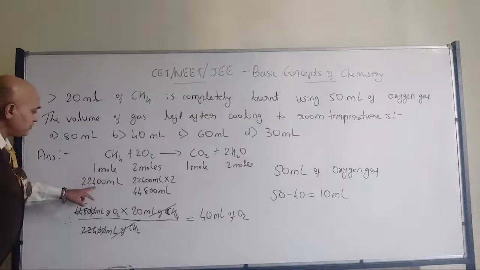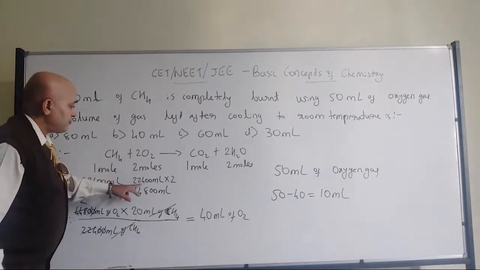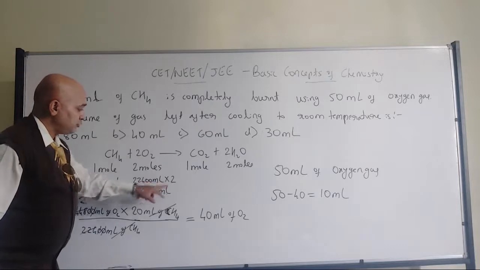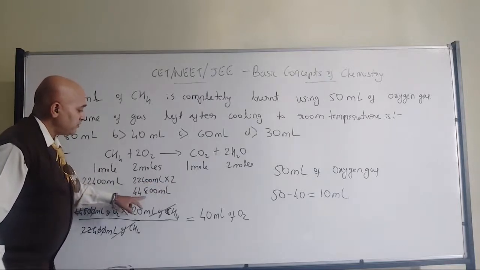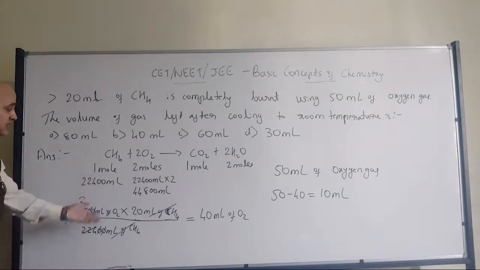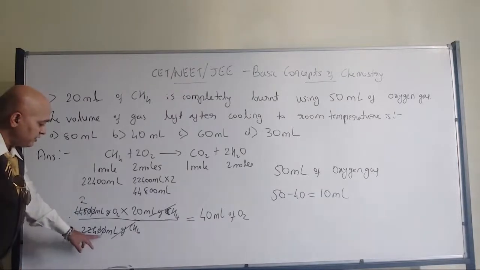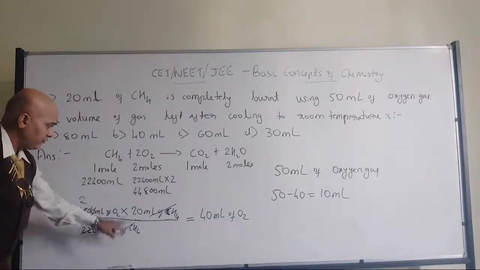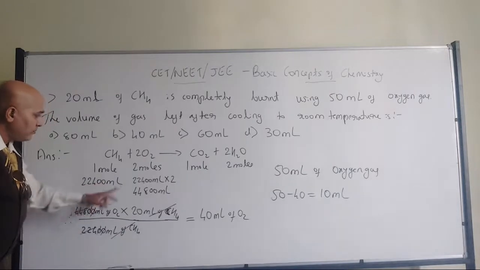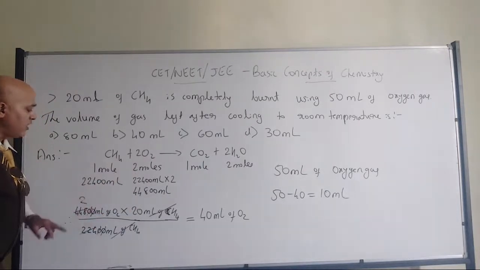Based on that, I have converted that into ml because these are in ml. So 22,400 ml and here it is 2 moles. Therefore 22,400 ml into 2, so it will become 44,800 ml. So the next step is I have to find out the amount of oxygen which will be utilized. For 22,400 ml of methane, how much oxygen we require? 44,800 ml of oxygen.